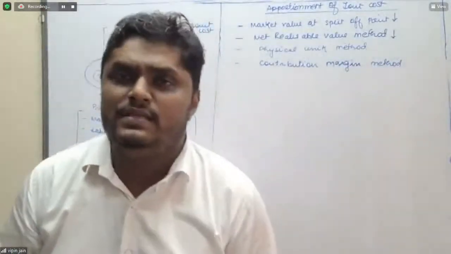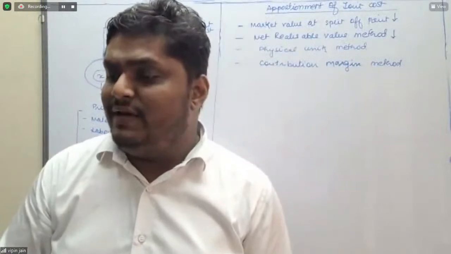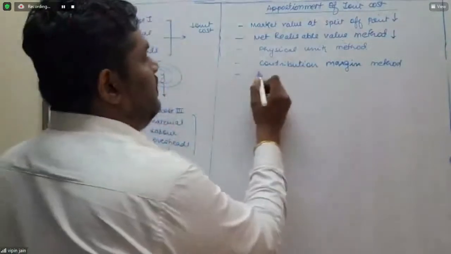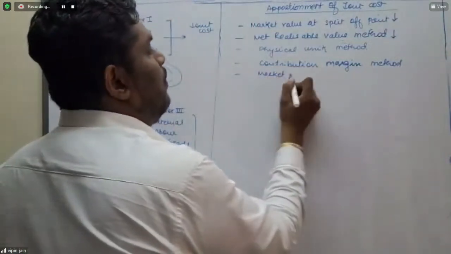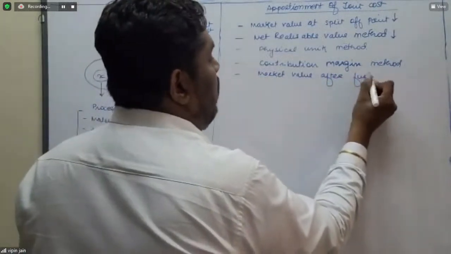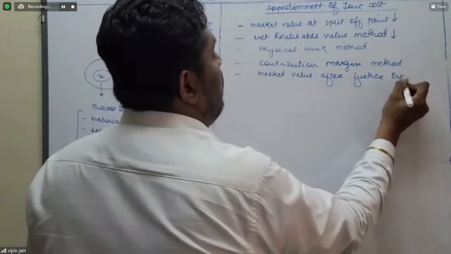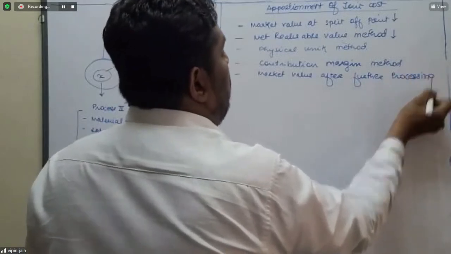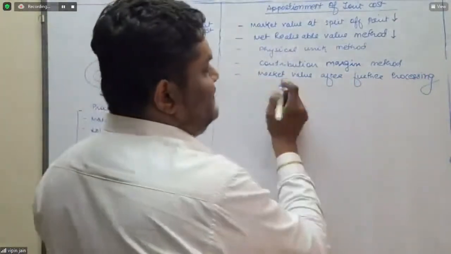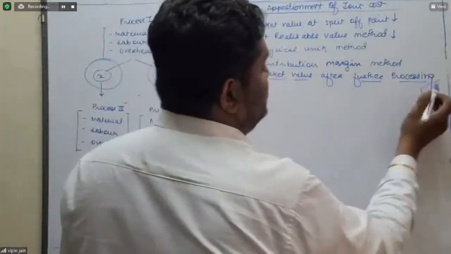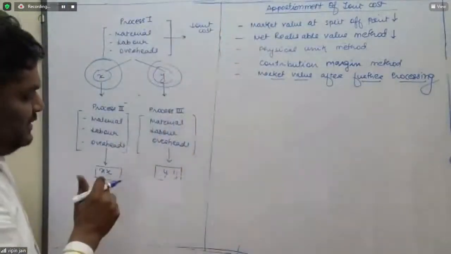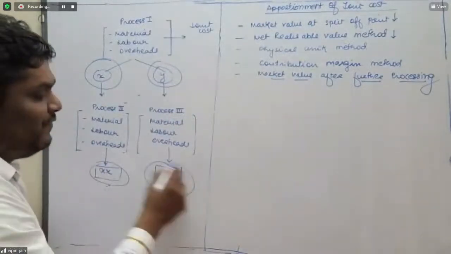Now, apart from this, there is one more method that is given in the study material, that is market value after further processing. Since the method itself says market value after further processing, whatever the joint cost is, it is to be apportioned in the ratio of market value after further processing.